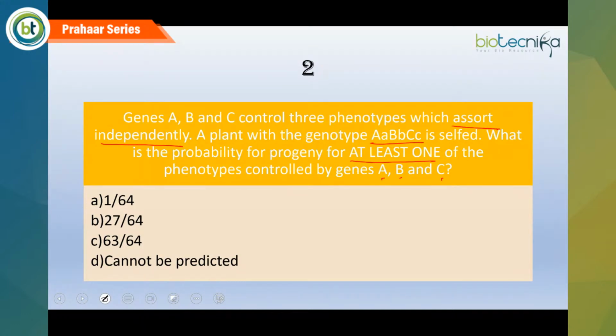So what is given here? Everybody, I want you to write down the cross. The cross is between capital A, small a, capital B, small b, capital C, small c. This has to be selfed.